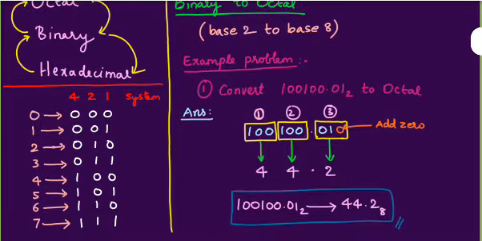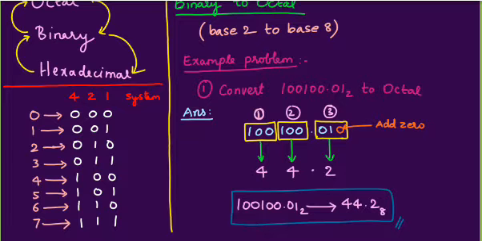Coming to the fraction part, 0 1 is there, only 2 binary digits are there, one more digit we need to make a 3 digit group. So for that we are adding zeros on the rightmost side, not the leftmost side, adding zeros on the rightmost side of the fraction part. Now 3 groups I have, 100, 100.010.